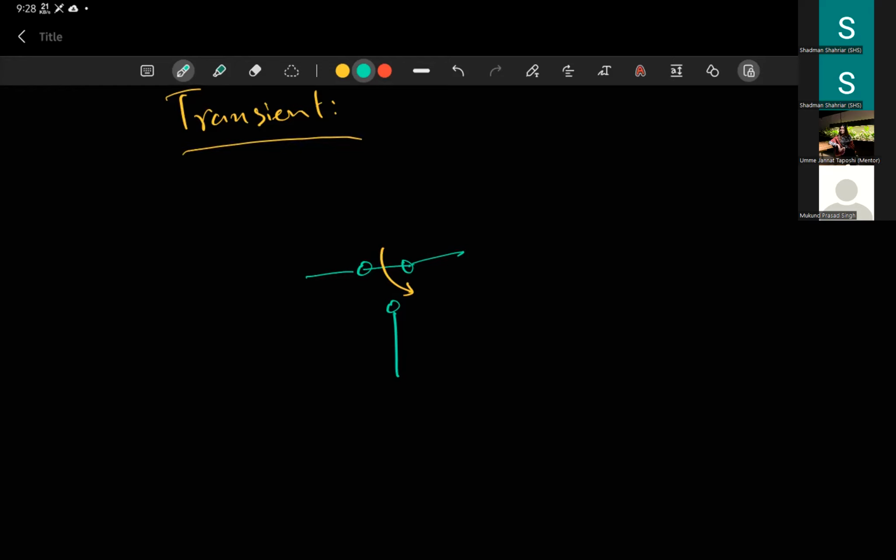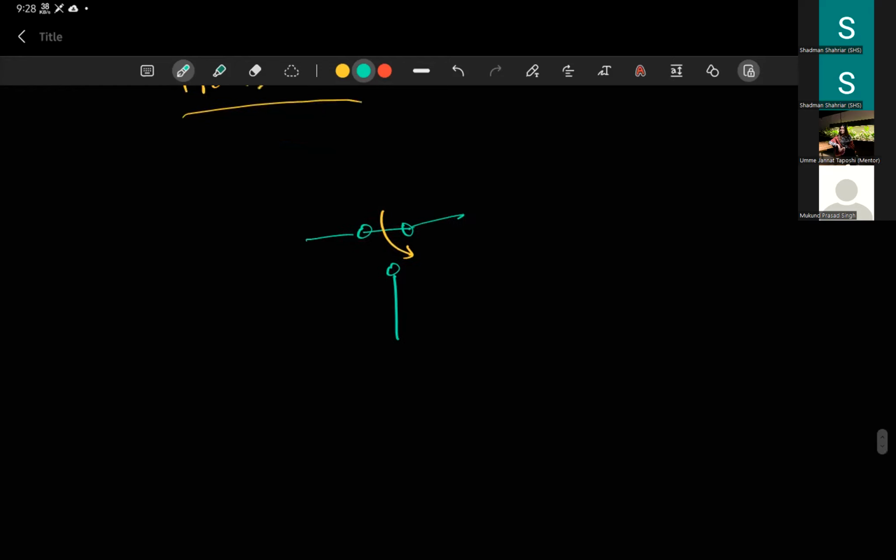If you have this type of situation, you will always be given two states. Don't worry about what will happen in between. You will have an initial situation and a final situation. For example, what's the initial situation here?